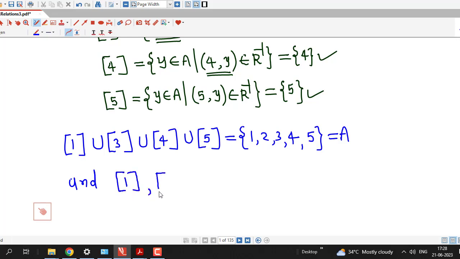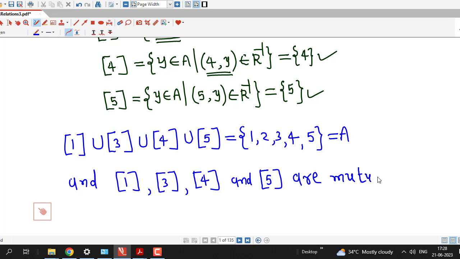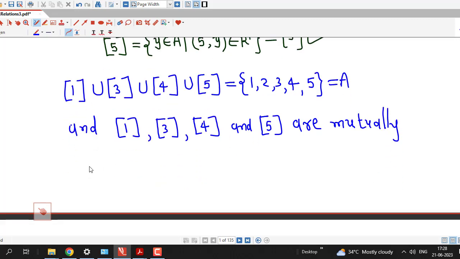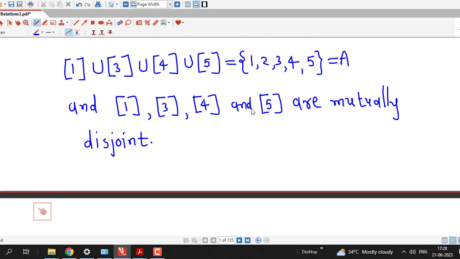We can write that all these equivalence classes 1, 3, 4 and 5 are mutually disjoint. If we take the intersection of any two equivalence classes, then their intersection is empty. Therefore, they are mutually disjoint, and they are subsets of given set A.